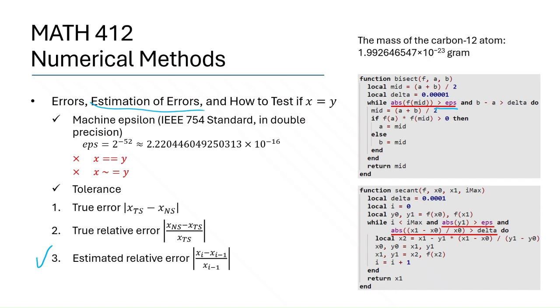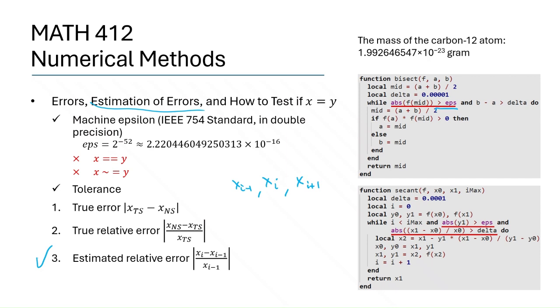In an iterative algorithm, at each step we get an approximation of some value. So at the ith step you get x sub i, and the next step is x sub i plus 1, with the previous one x sub i minus 1. We use this to measure relative error.